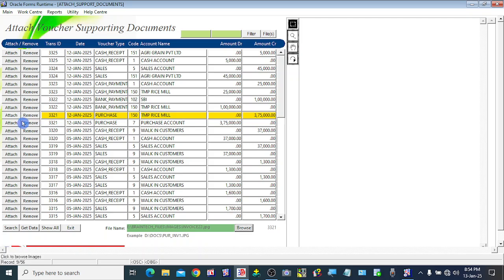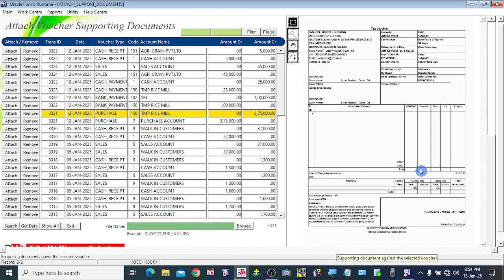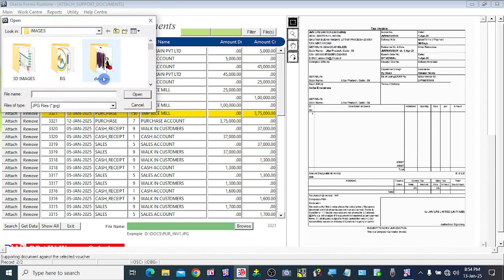here you can see one button called attach. By pressing attach, the system will automatically attach the invoice copy with this purchase entry. If there is more than one page or file, you can choose another page or another invoice copy.